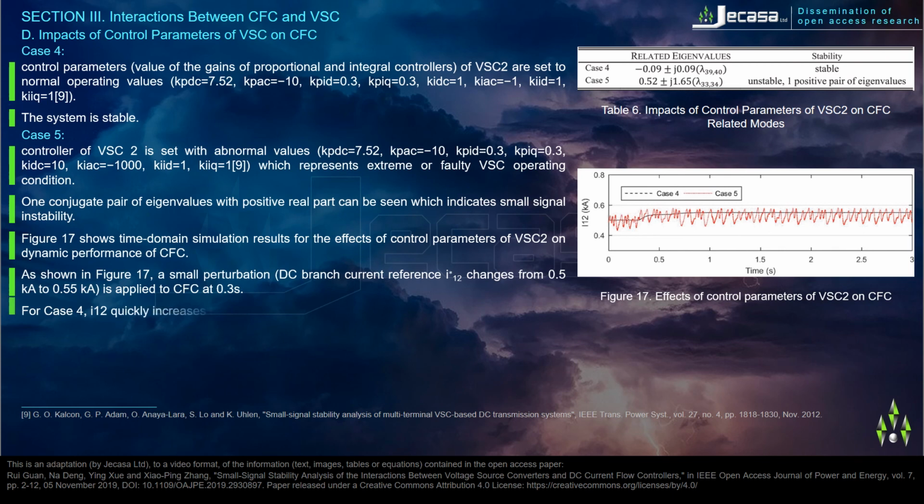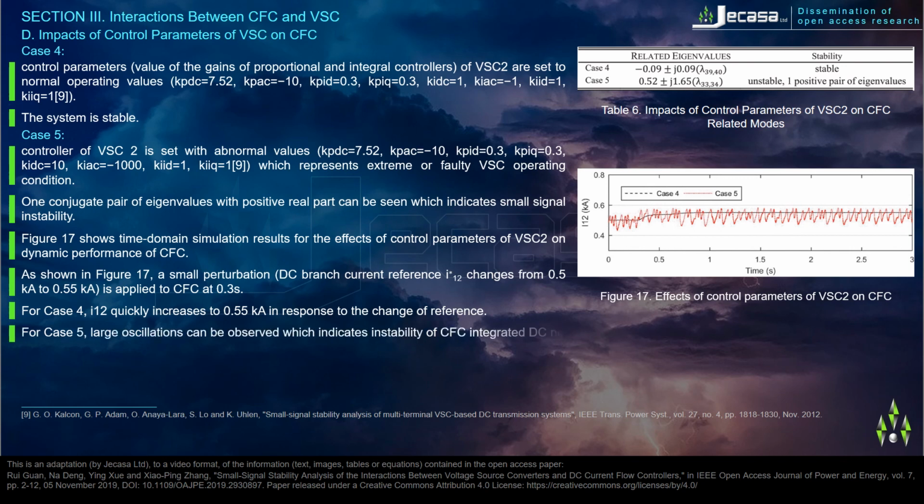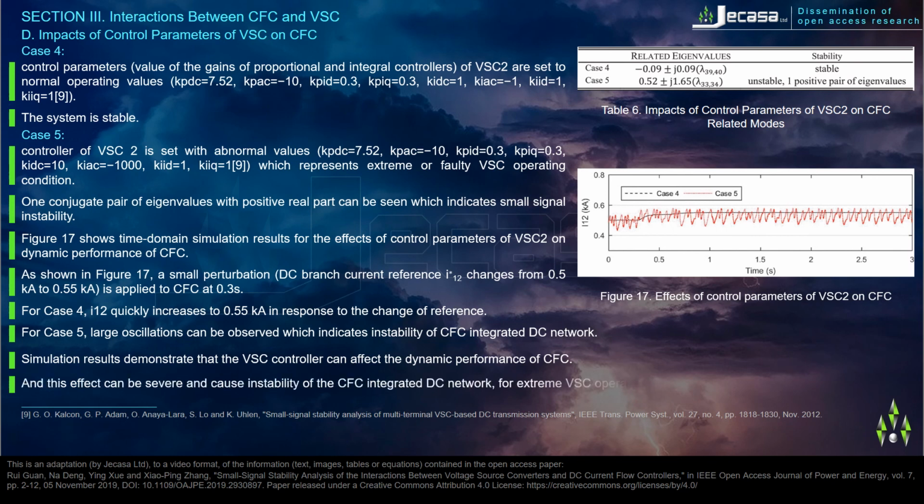For Case 4, I12 quickly increases to 0.55 kA in response to the change of reference. For Case 5, large oscillations can be observed, which indicates instability of CFC integrated DC network. Simulation results demonstrate that the VSC controller can affect the dynamic performance of CFC, and this effect can be severe and cause instability of the CFC integrated DC network for extreme VSC operating conditions.